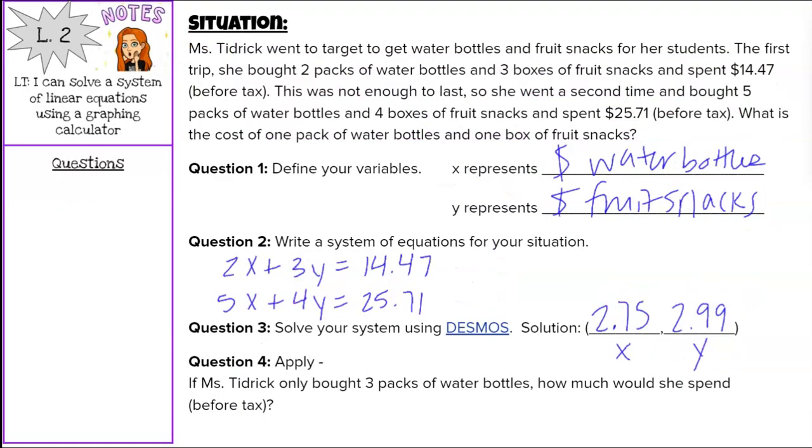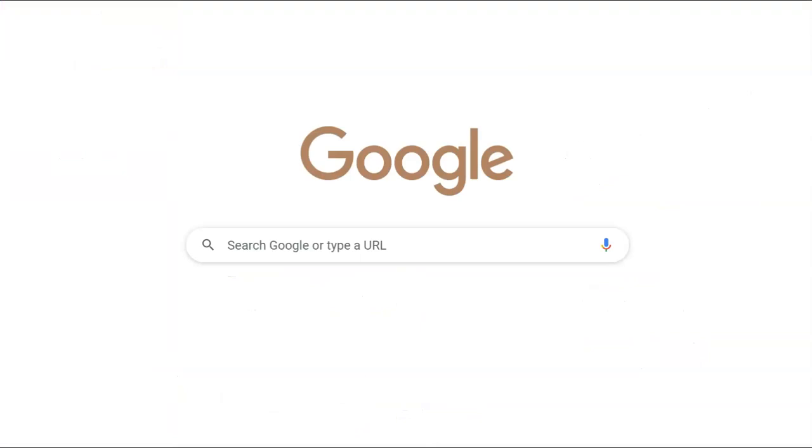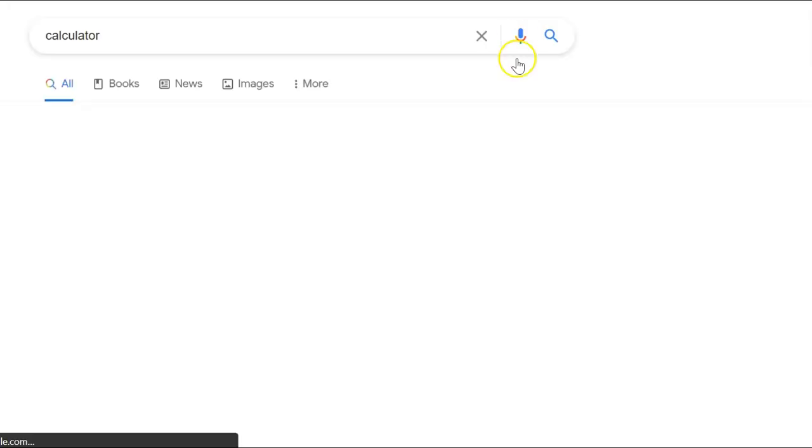So now we can answer our last question, which is question 4, apply. If Ms. Tidrick only bought 3 packs of water bottles, how much would she spend before tax? So we know that x is our cost for water bottles. So if I only bought 3 of those, I would be buying 3 times x, which would be $2.75. And then I would just need to figure out what 3 times $2.75 is, which is where our calculator comes into play.